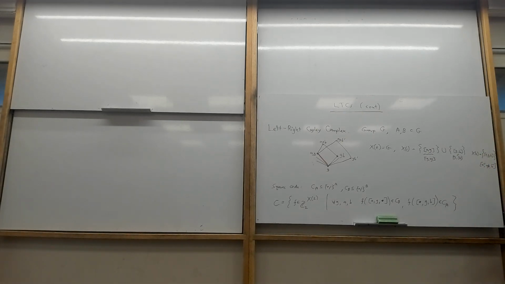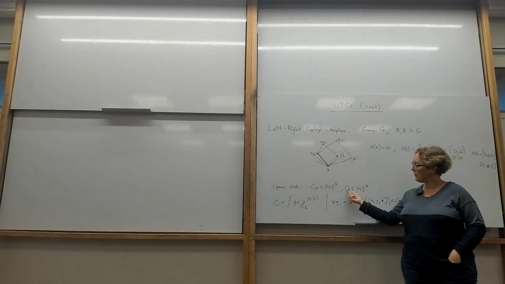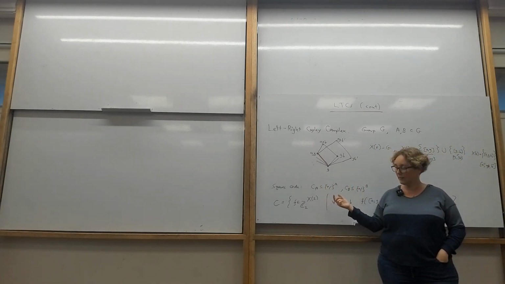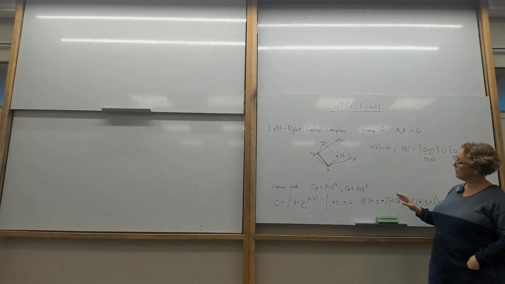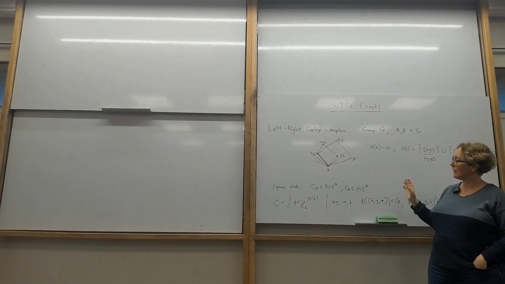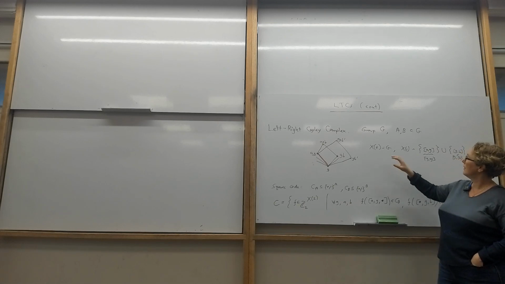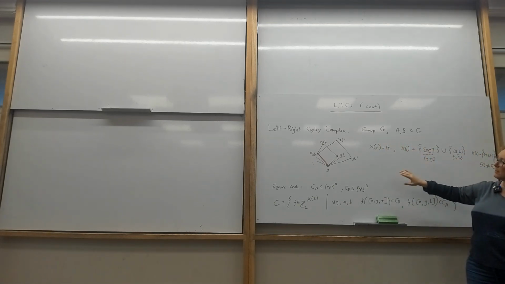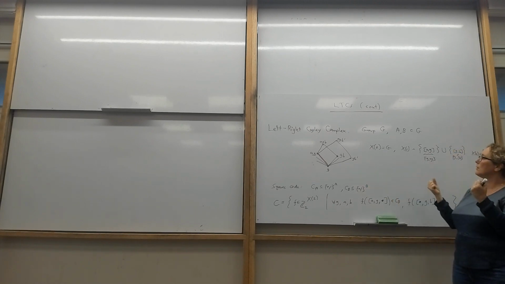And we saw a few things. We saw that if the base codes themselves have good relative distance, then the entire code has relative distance, assuming that the graph underlying this complex is a good expander. So basically two conditions.